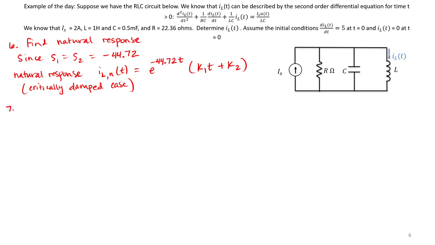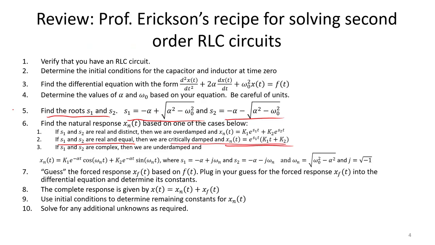Let's continue with step 7. In step 7, you'll remember that we need to guess the form of our forced response. And then we plug our guess back into our differential equation to determine the value of that forced response.